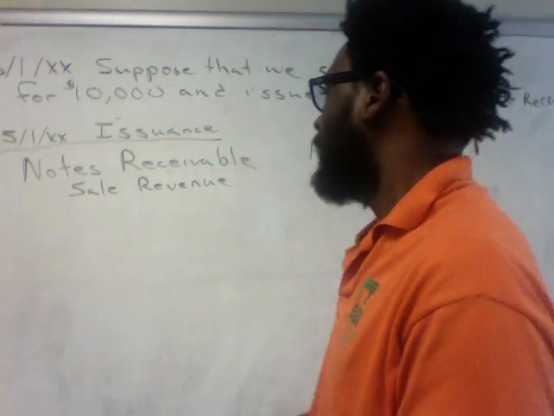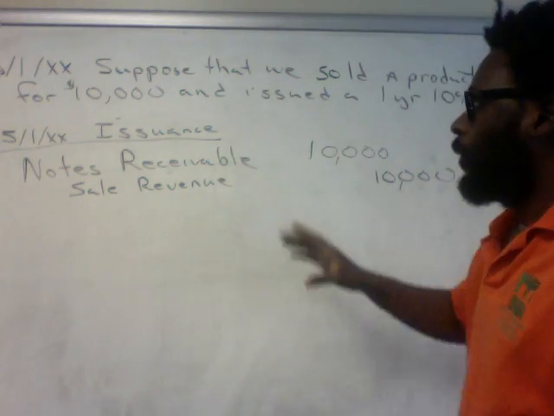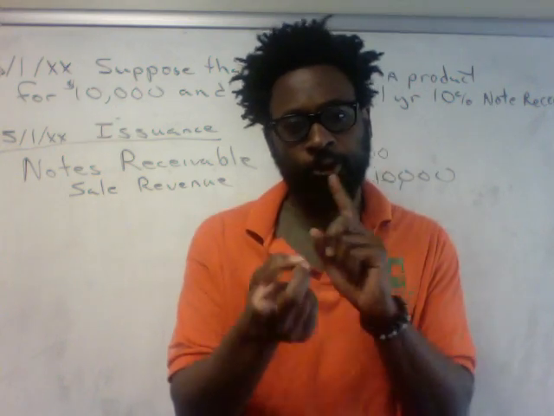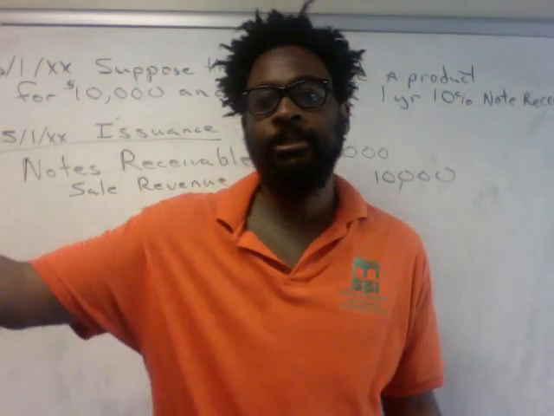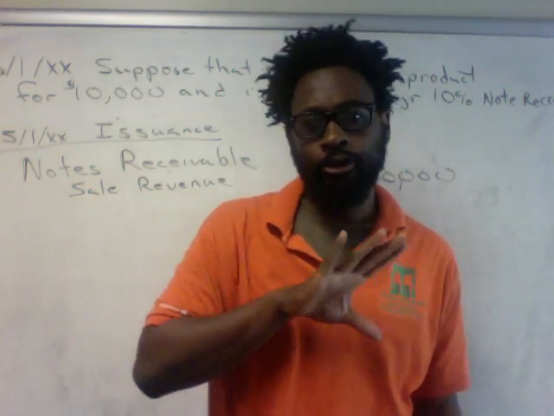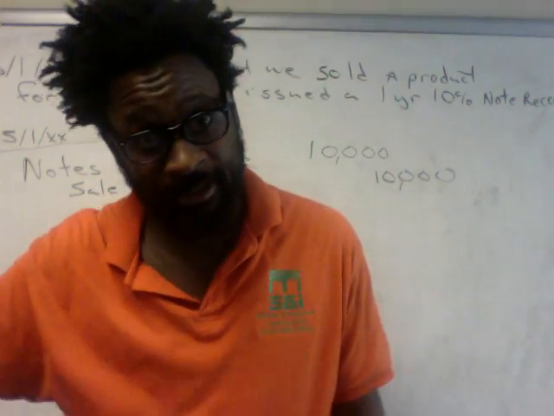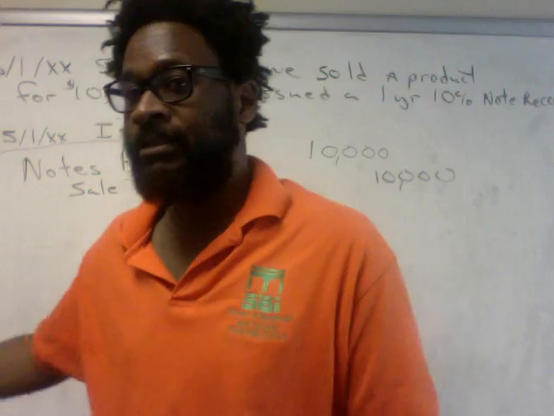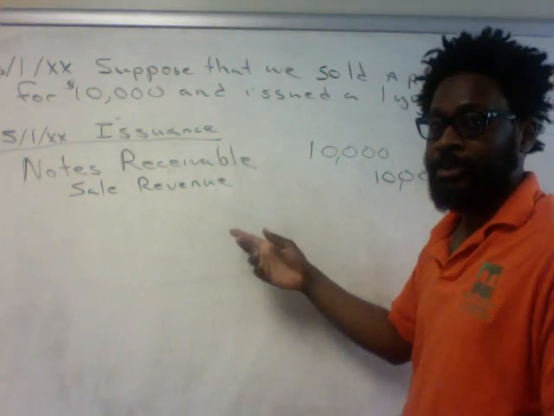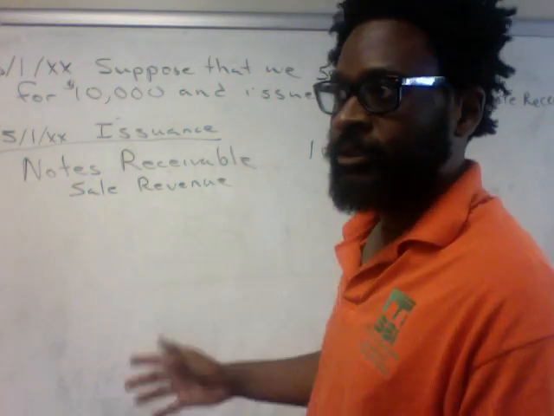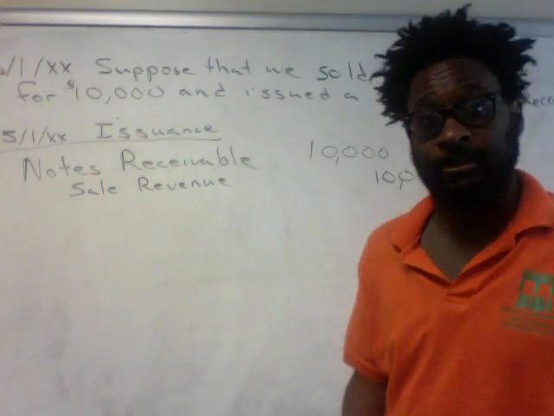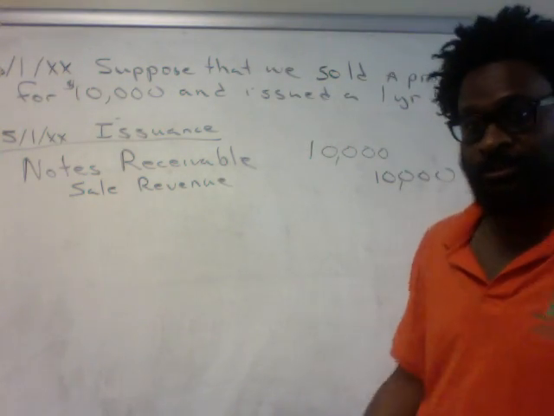And interest could be on 2 sides, right? You could be either receiving interest or paying interest, depending on if you are borrowing or lending. In this situation, we set up a note, so the other guys owe us. We're collecting, so we're receiving the interest, right?